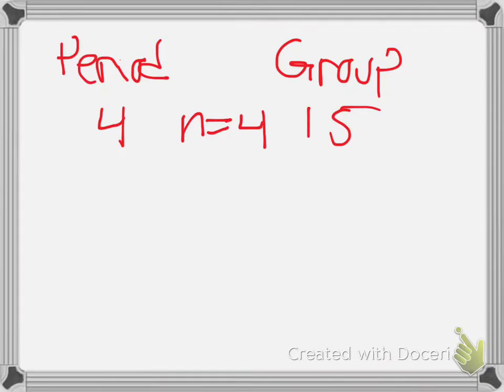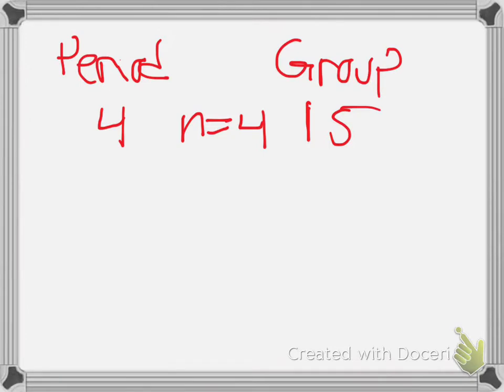I meant group 15, not 5. That's just a mental error on my behalf. Okay, being in group 15 tells us that it is in the P block. Okay? And you can refer back to your notes to remember which groups are in which blocks. I'm more than okay with that. I just don't want you to look at the periodic table proper, okay?